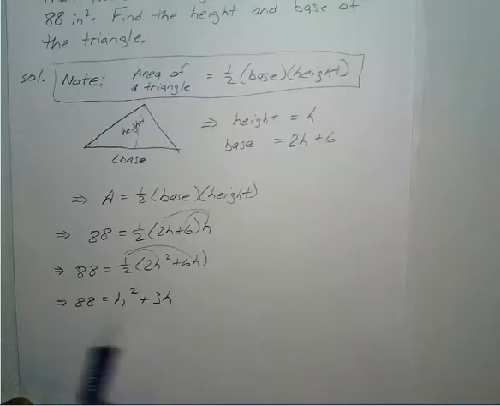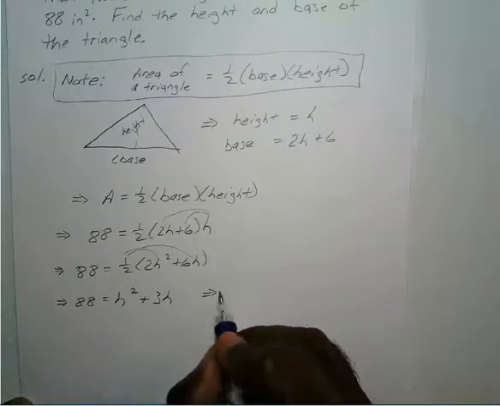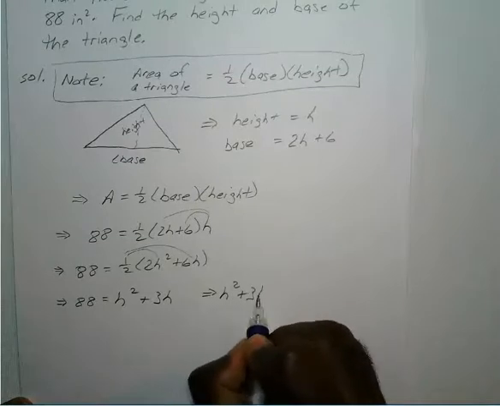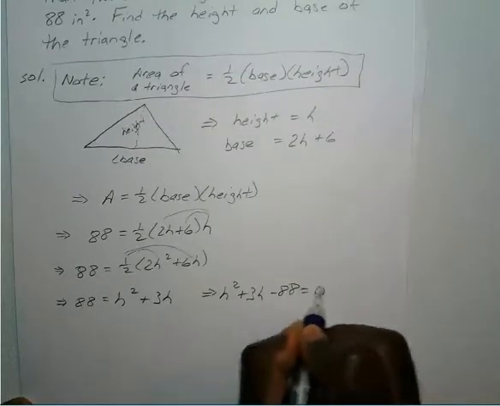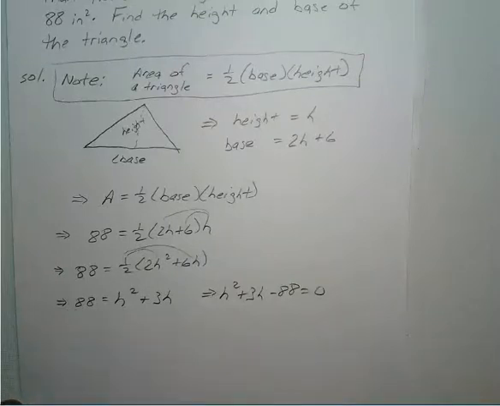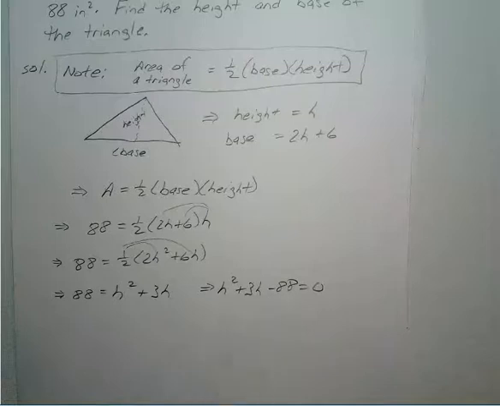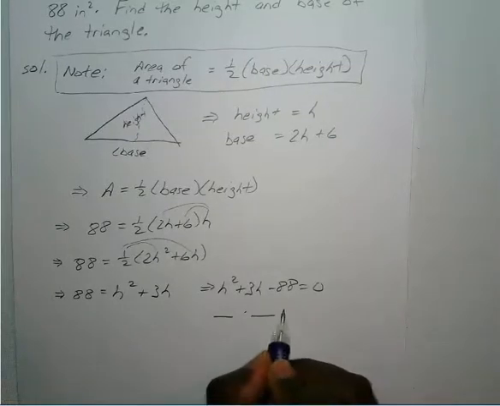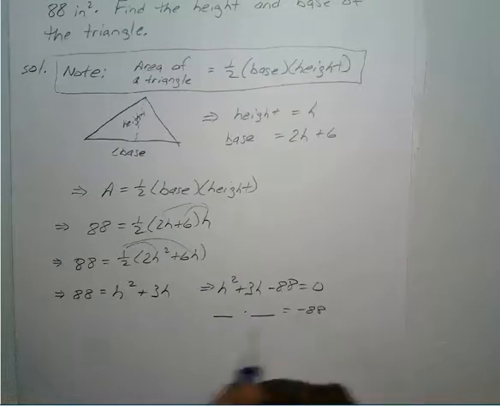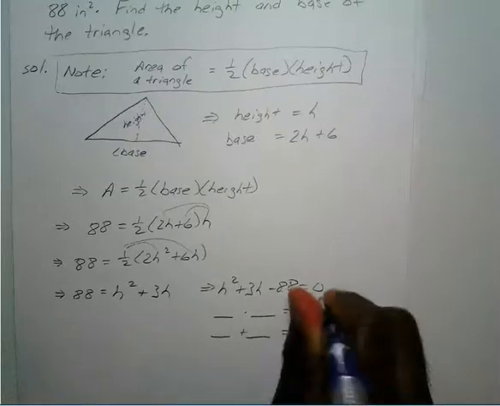So if we subtract 88 from both sides, that would give us h squared plus 3h minus 88 equals 0. And I just flipped that around for my own purpose. If you wanted 0 equals h squared plus 3h minus 88, you could have that also. All right, so now we can go ahead and factor this. We have to find two numbers that multiply to equal your c, and those same two numbers add to equal your b.